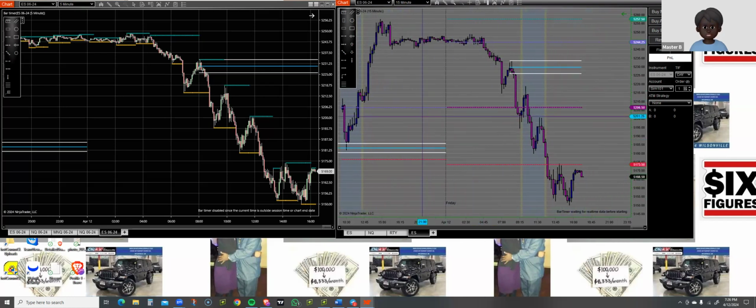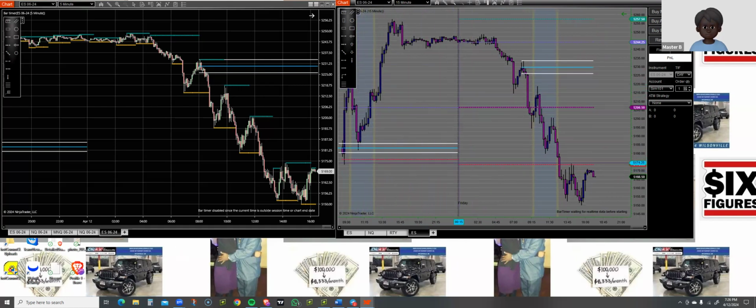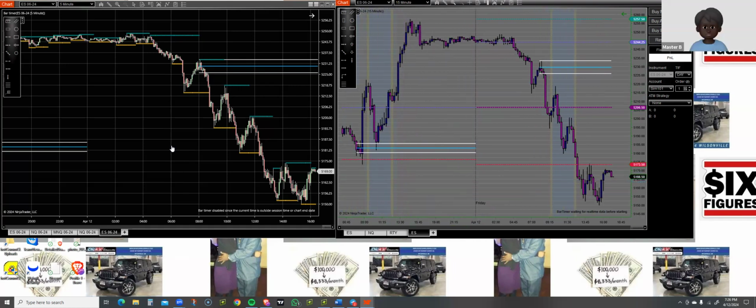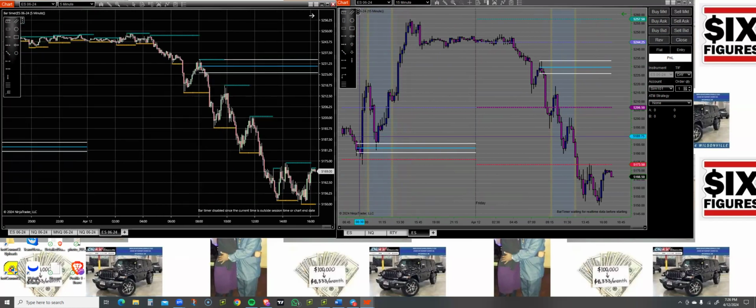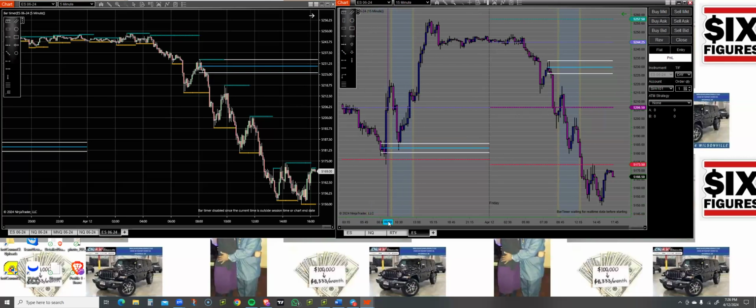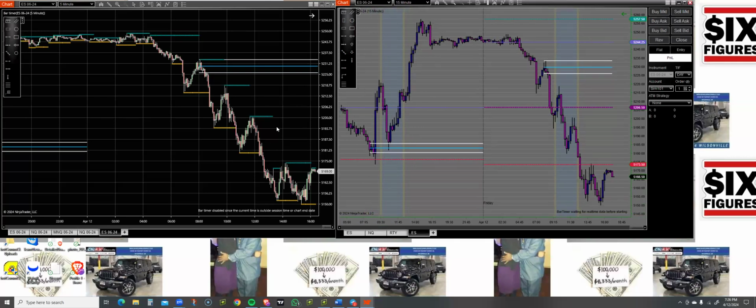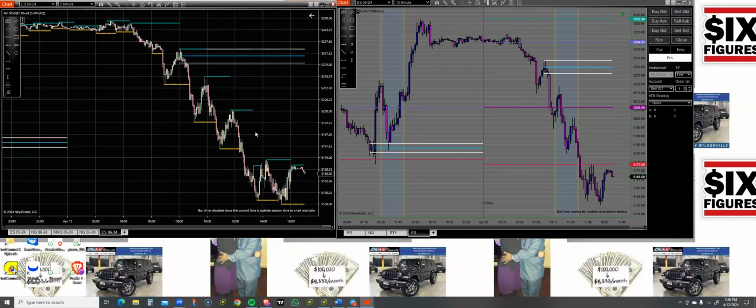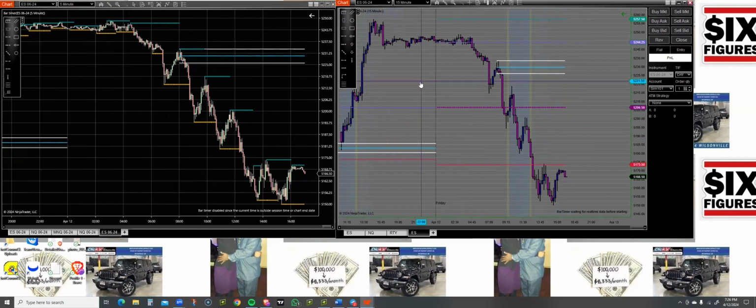Okay. So are you using any moving averages or anything to help you get to the 2 points a day? Yeah. What moving averages do you use? I use the 144, the 72, the 20, and an 8.